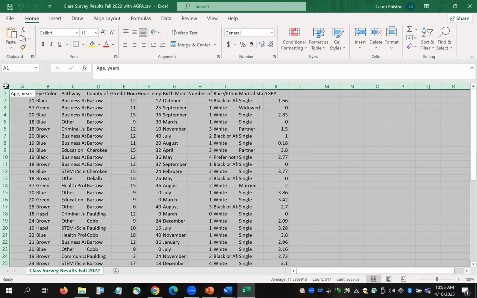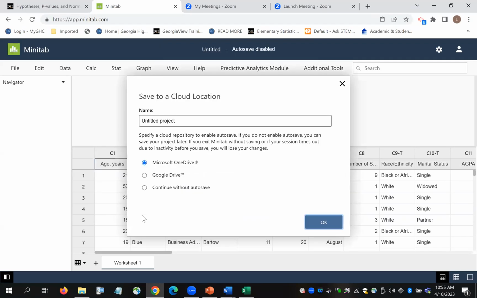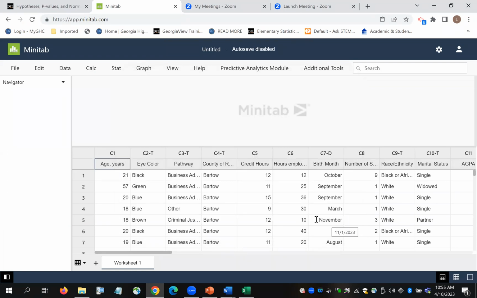Remember, click in the corner, we copy, and then we paste. Okay, so I'm focused on age. I want to know, is age of GHC students in fall 22 normally distributed? I've gotten the data.